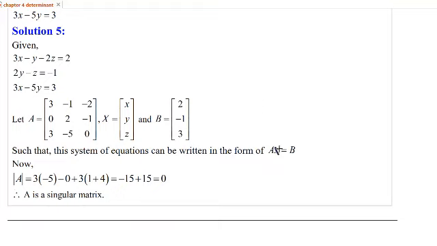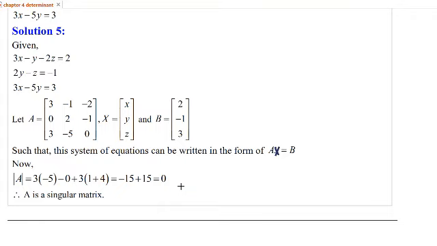To check the consistency we find the determinant, and I will expand by the column with the 0 because it will be easier. So 3 minus 0 plus 3. Hiding this 3 by column and row, we get 0 minus 5, that is minus 5. For 0 I am not doing any calculations, and for this 3, hiding by row and column, we get 1 plus 4. 5 times 3 is 15, minus 15, this is 0.